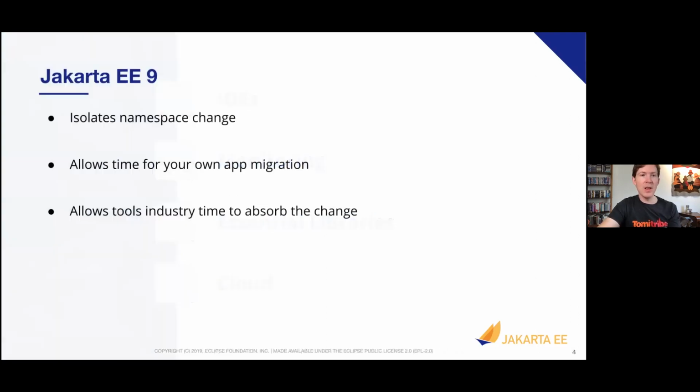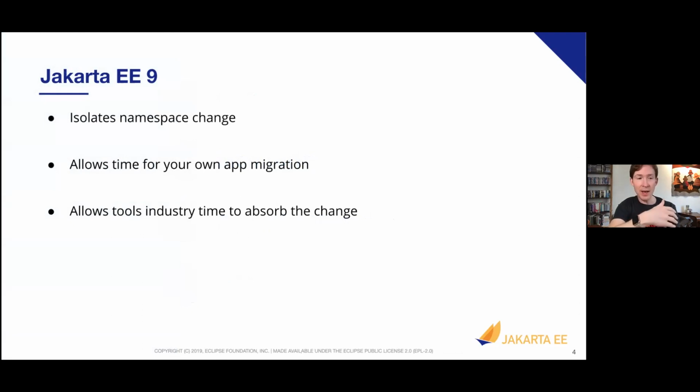So, Jakarta EE 9, a lot of people complain that there's no new features, but the point of the release is to deliver to the industry an isolated namespace change in advance of the new features. So while we're working on new features, our tools industry and our ecosystem can start adapting to the change.